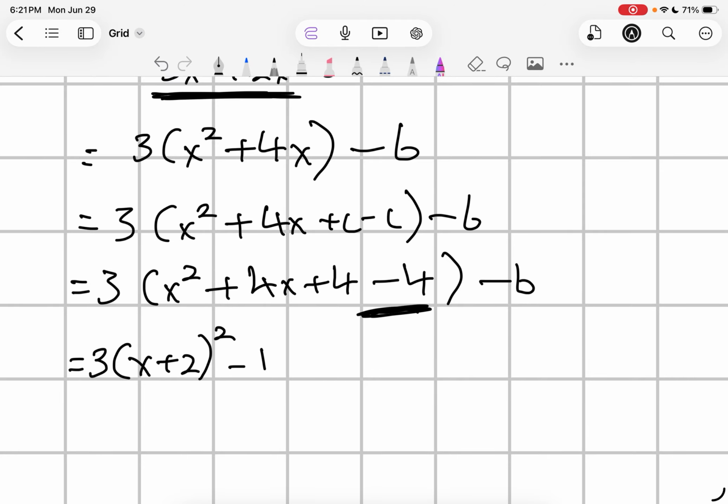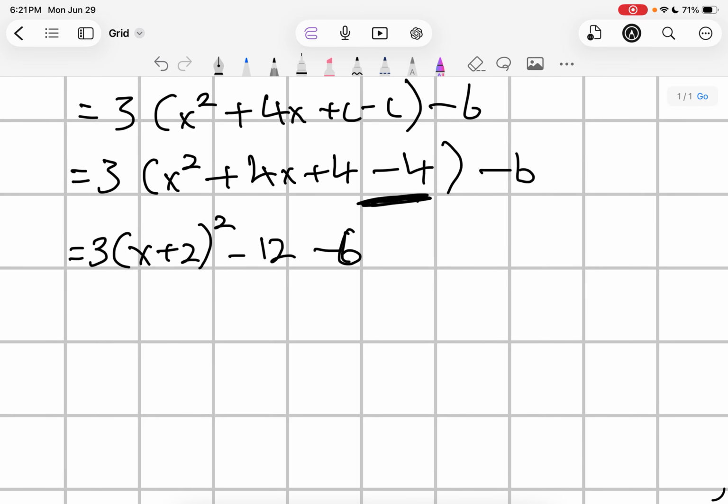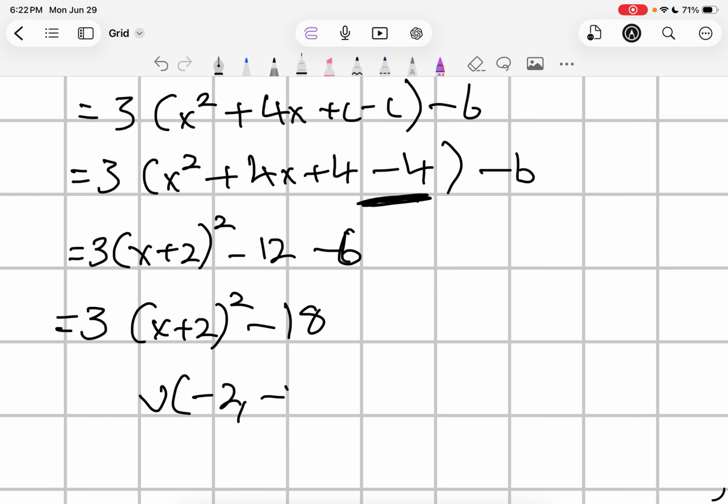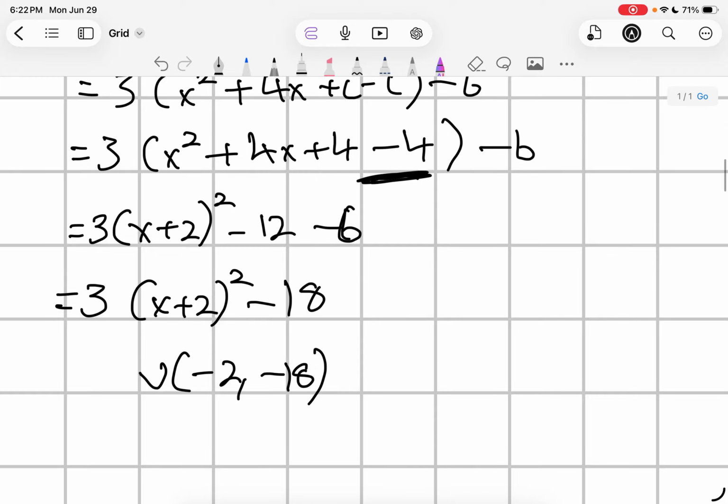You would get minus 12 minus 6. You do that, you get 3(x plus 2) squared minus 18, vertex -2, -18. So the most important step that we just did there is when you take out that minus c, you have to multiply it by the 3, resulting in that.